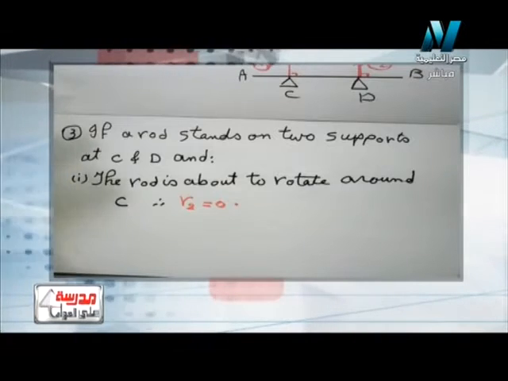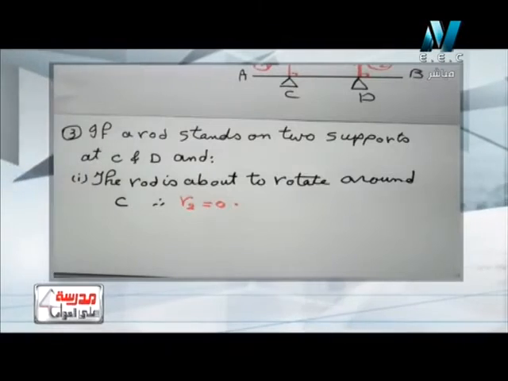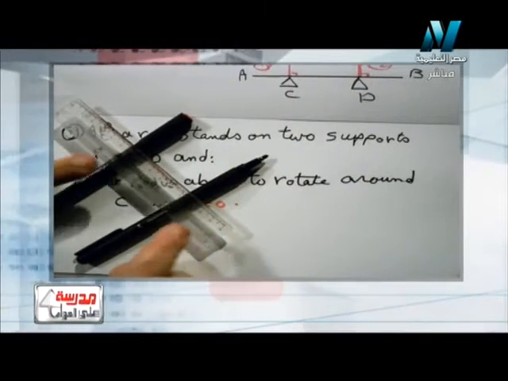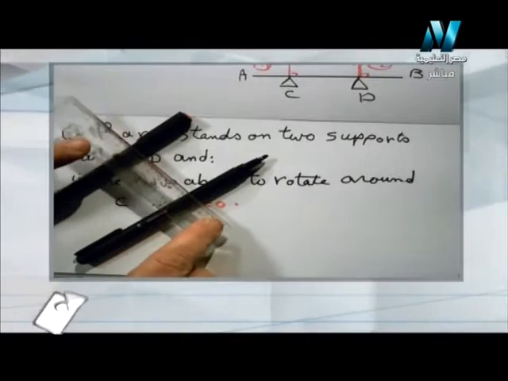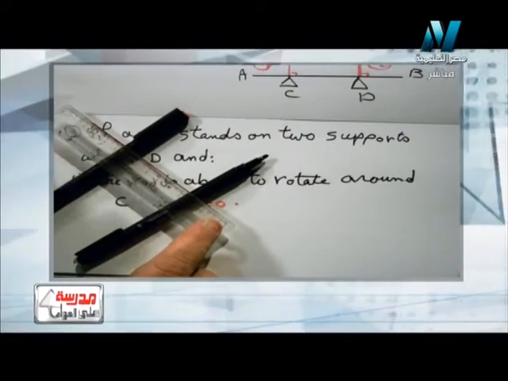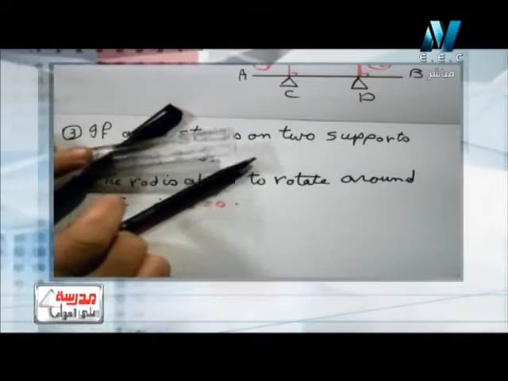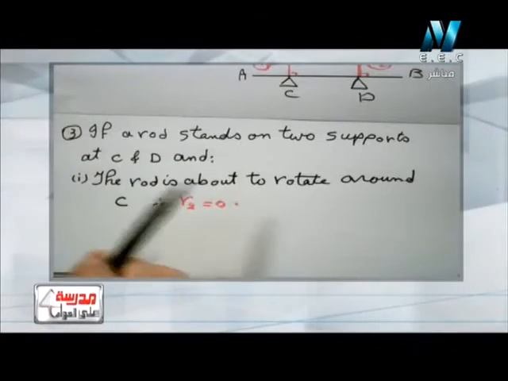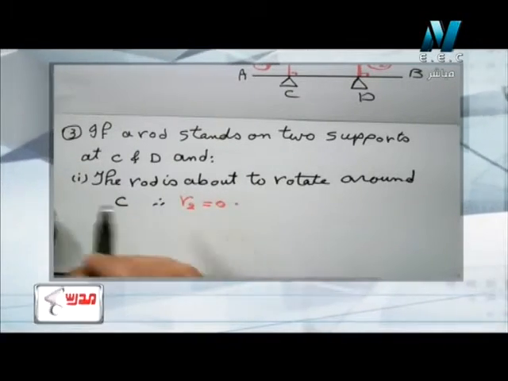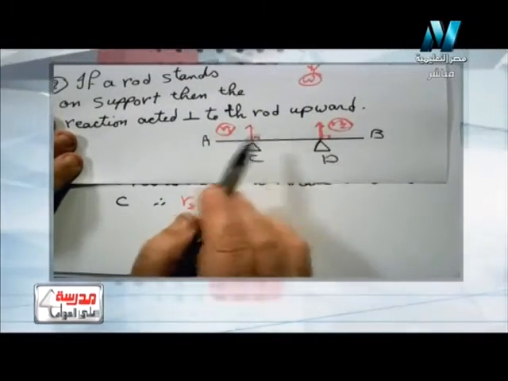He may say about to rotate or about to overturn. If the rod is about to rotate around point C, it means that R2 equals 0.